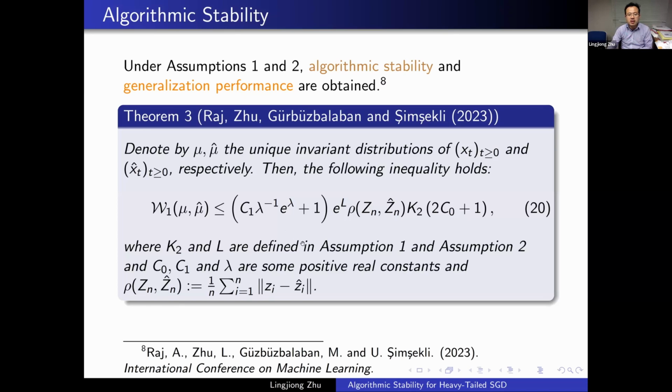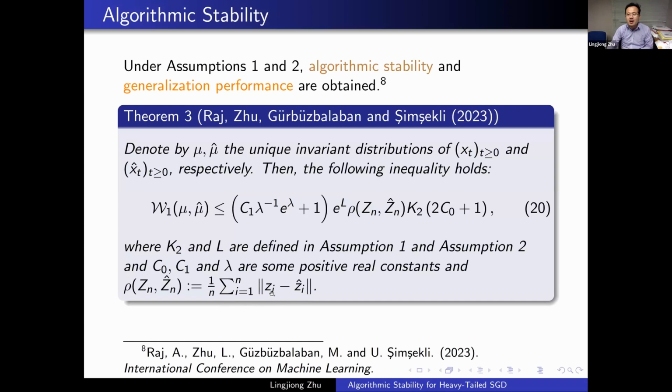Now, one important term here is rho Zn hat. That's essentially some distance between the two data sets, Zn and Zn hat. It is the average of the distance between Zi and Zi hat, where Zi and Zi hat are just the ith data point from two slightly different data sets.